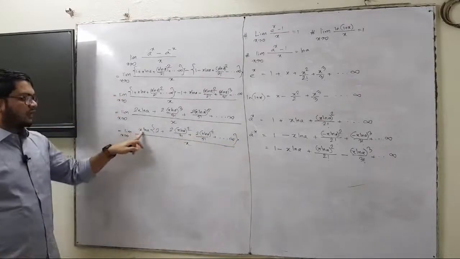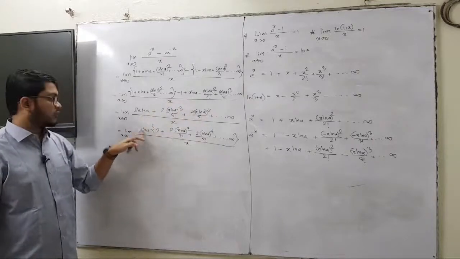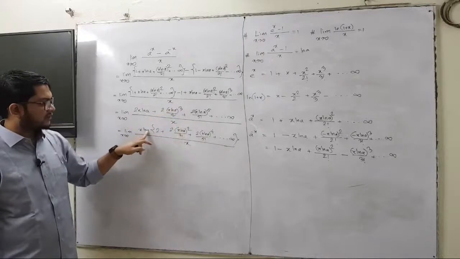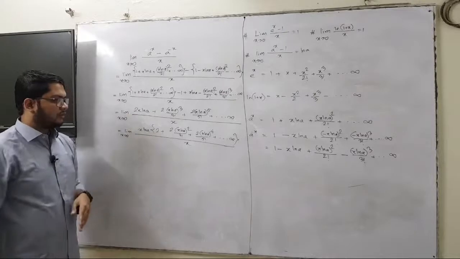So we have taken x ln a as common. So we are dividing all the terms here with x ln a. So x ln a divided by x ln a, you have only 2. Then this (x ln a) whole cube divided by x ln a, you have (x ln a) whole square.